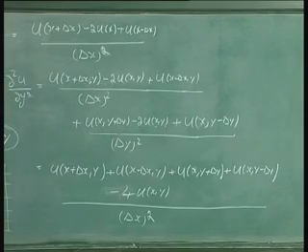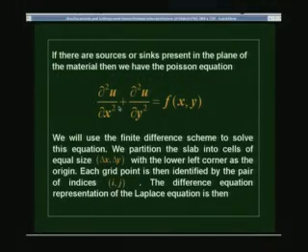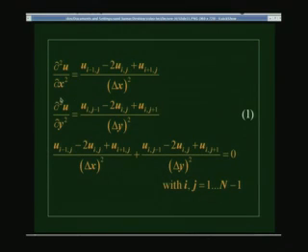So now let me summarize that once again here. We have the equation with the second derivative in that direction. Now notice that I have replaced them by indices, where i is my x index and j is my y index.